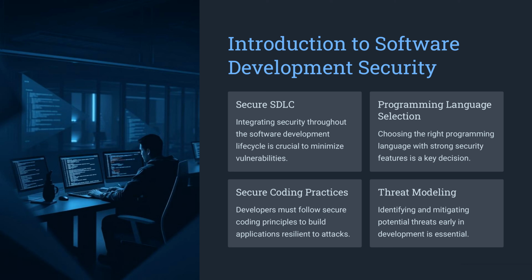This includes principles that build resilience against potential attacks. Another foundational element is threat modeling, which involves identifying and mitigating potential threats early in the development stage, thereby enhancing the security posture of your software right from the start. These components collectively contribute to a more secure software development environment.